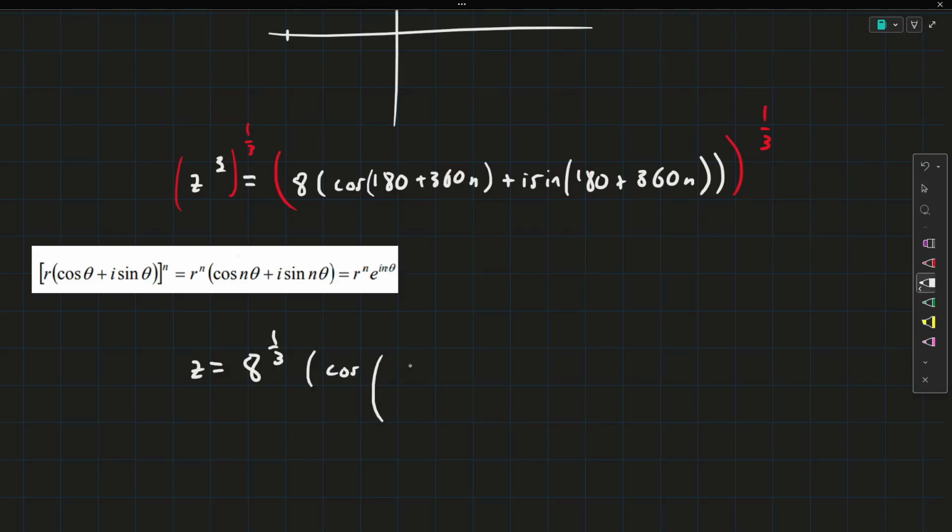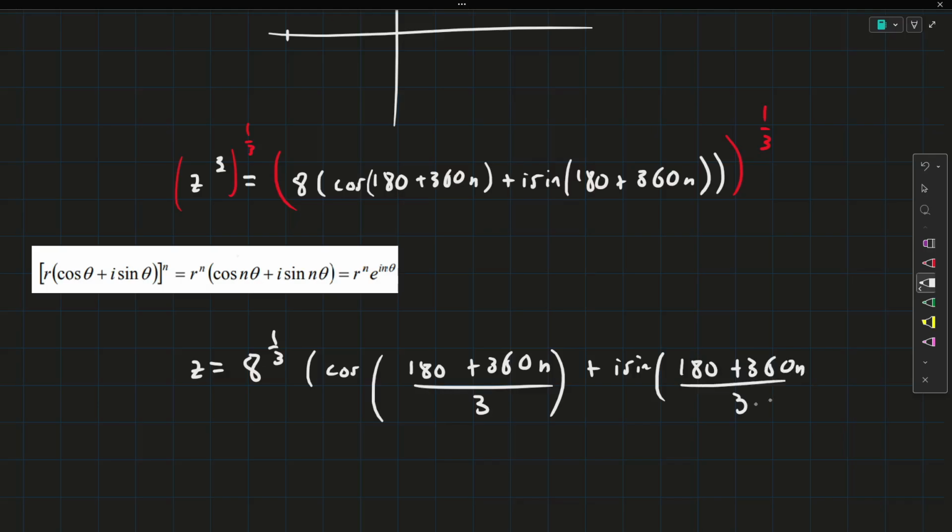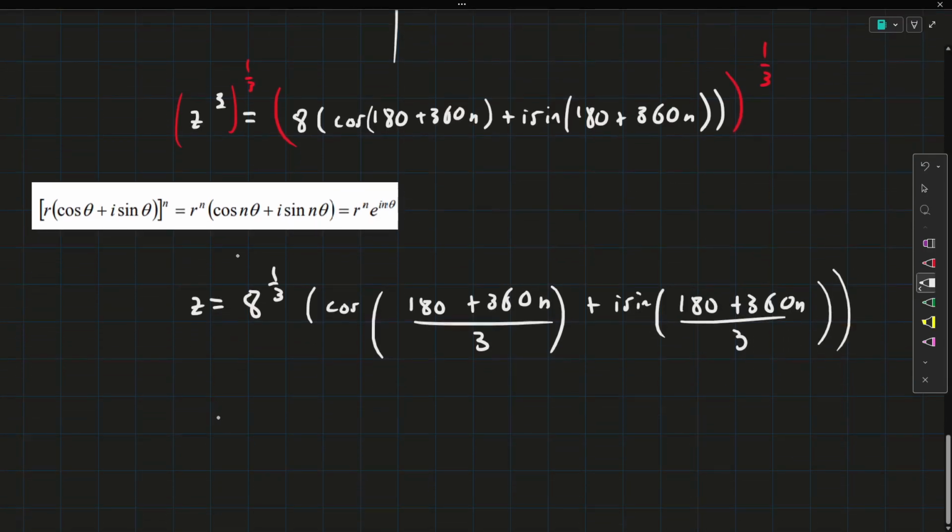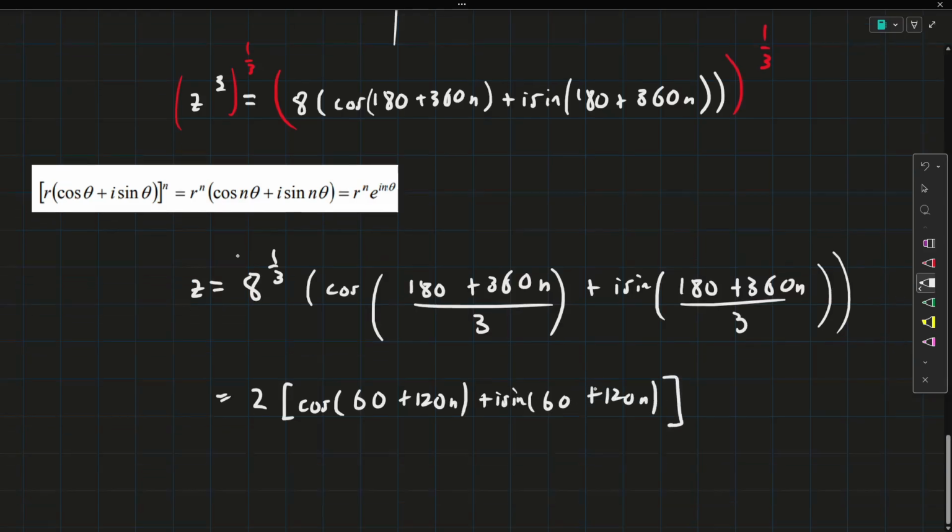So we'll basically just end up having 180 plus 360n all divided by 3, and we'll have plus i sine of 180 plus 360n all divided by 3. Okay, so the cube root of 8 is just going to be 2. So we'll get 2 multiplied by cos, and you can simplify that, you'll get 60 plus 120n, plus i sine of the same thing, 60 plus 120n, and then we can just do our answers.